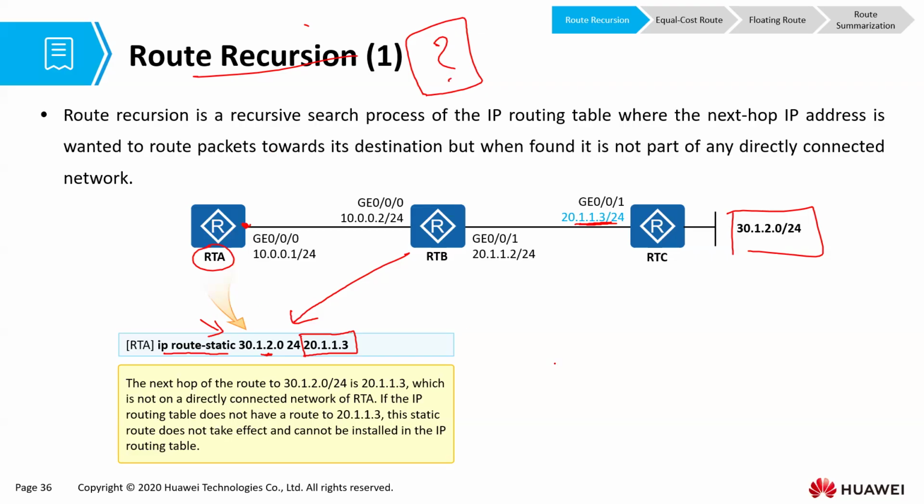All right. The next hop of the route 30 is 2113. If the IP routing table does not have a route to 2113, this static route does not take effect and cannot be installed in the IP routing table. So what happens?